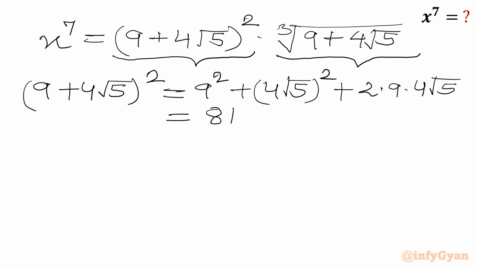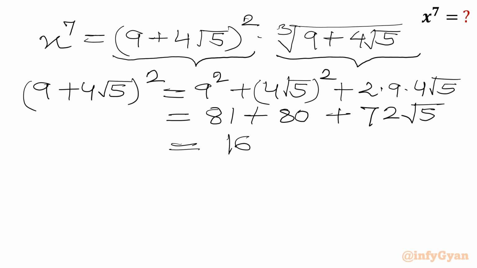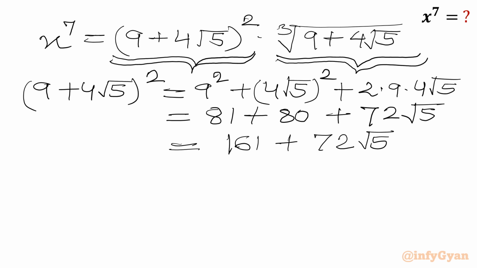Or we can write 81 plus 80 plus 18 times 4, 72 root 5. So 81 plus 80 is 161 plus 72 square root 5. This is our whole square expansion. Now the turn of finding the cube root.